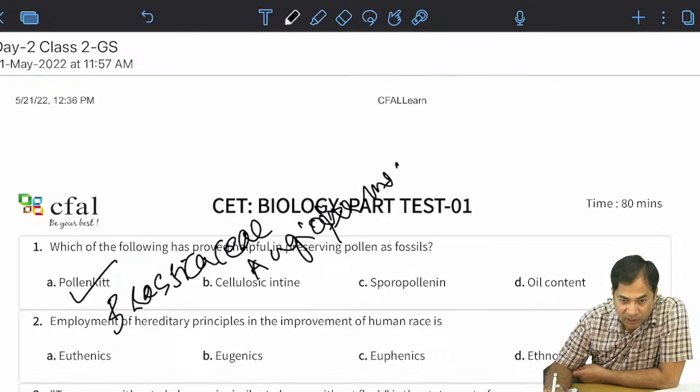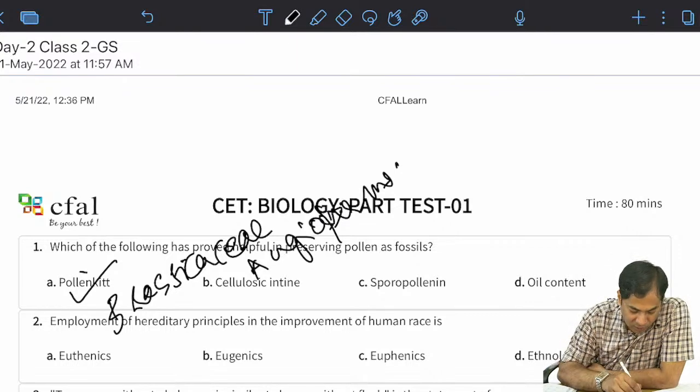But pollen kit is temporary, it is only seasonal. Brassicaceae family members, flowering plants, produce seasonal flowers, only in one particular season in a year, so it is temporary. This temporary pollen kit cannot be kept for a longer period, so definitely pollen kit is a wrong answer.